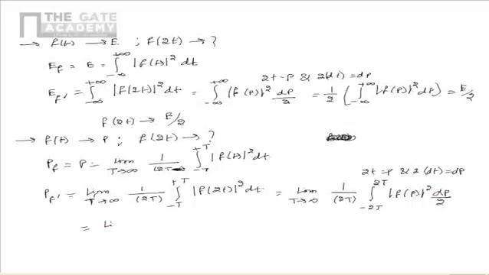This is further equal to limit 2T tends to infinity 1 by 4T integral from minus 2T to plus 2T mod of f of p whole square dp. This is equal to P itself. So from this we see that the power of the signal f of 2t is P itself.